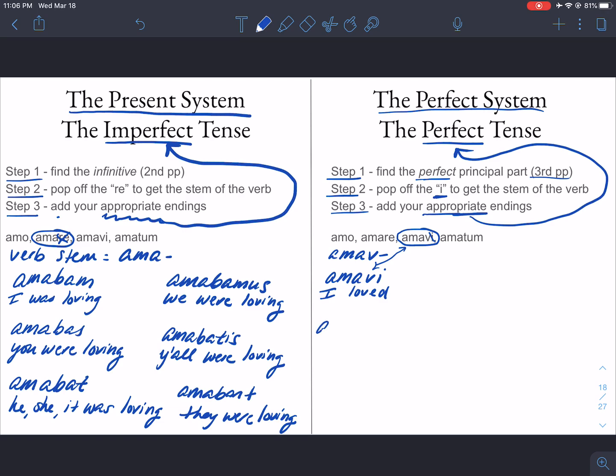Okay. Amavisti is you loved. Okay. Amavit is he, she, or it loved. Amavimus is we loved.